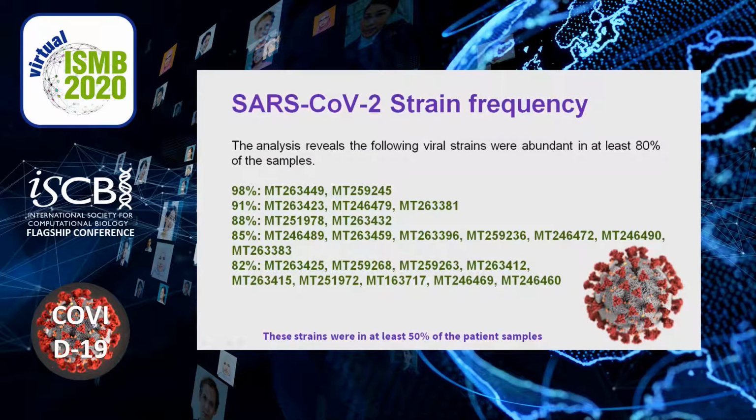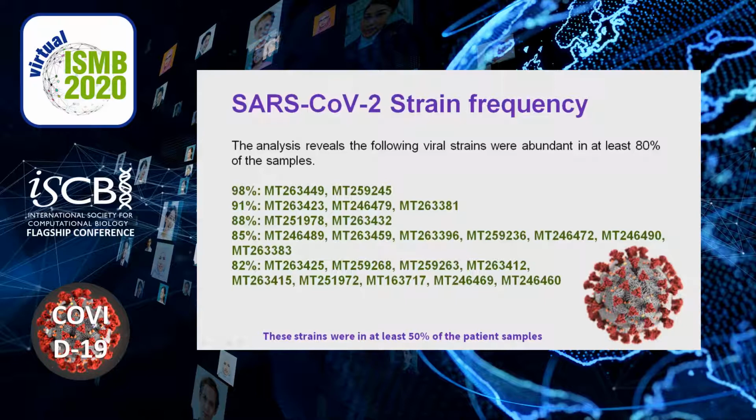In terms of strain frequency, the analysis also reveals the following viral strains which were abundant in at least 80% of all of the samples analyzed. So 98% of these samples had the strains with accession ID MT2634449 and MT259245.